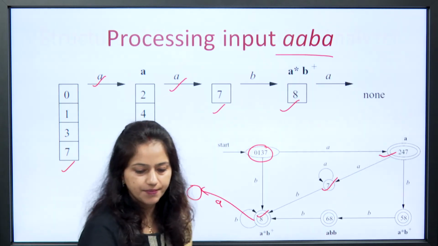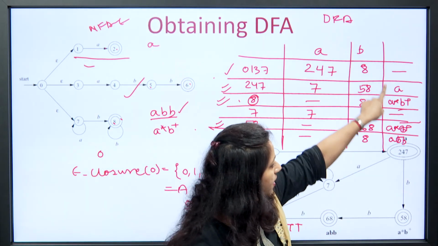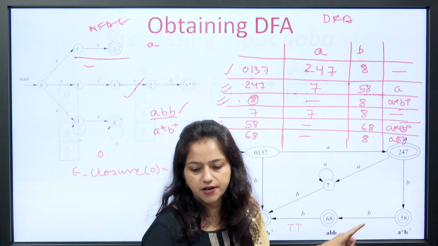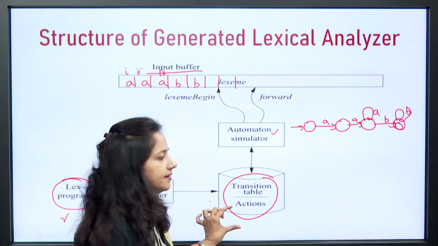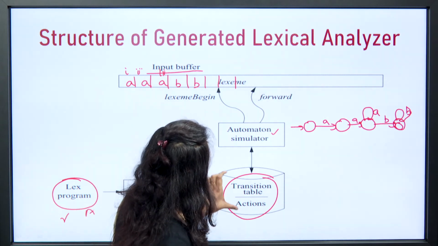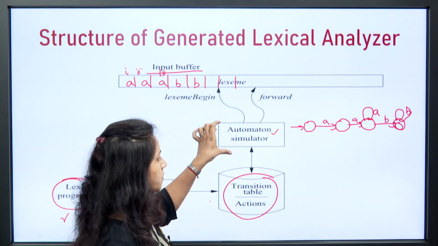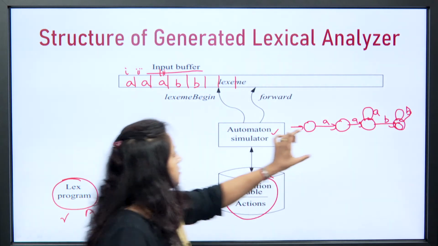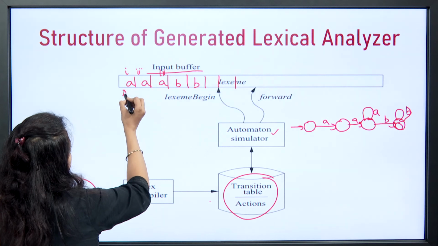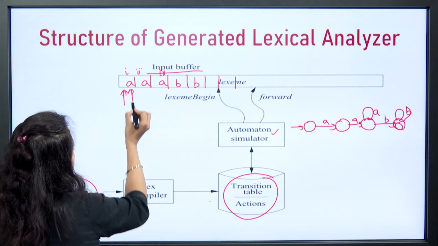Action means what we saw just now: if we have to produce a token, which token should be produced. So, it contains the transition table and the action, and here we have the automata that is designed with respect to this transition table. Initially the lexeme beginning pointer and the forward pointer point to this cell.